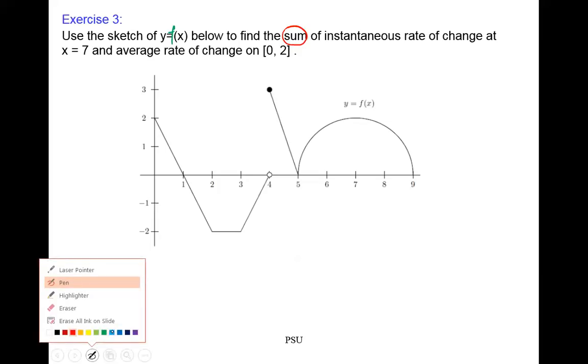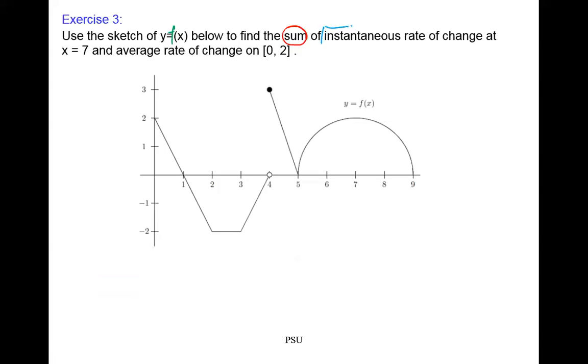That means, first of all, can you tell me what is the instantaneous rate of change at 7? Look at the graph and tell me the value.